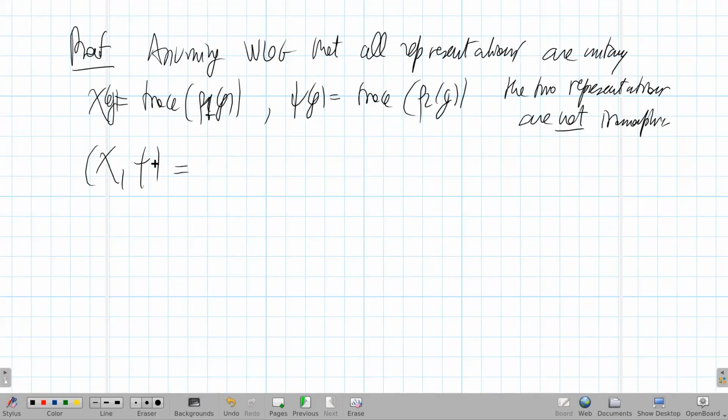And so what's chi? Well, chi is the trace. So this is the sum for the index i from 1 to n, this being the dimension, of rho 1 i i of g, the elements on the diagonal. They will be on two different spaces, but it's not important.